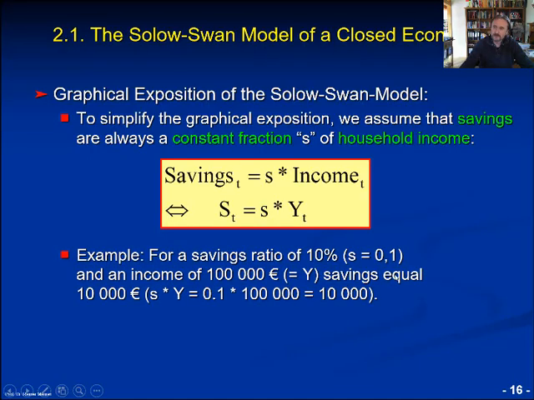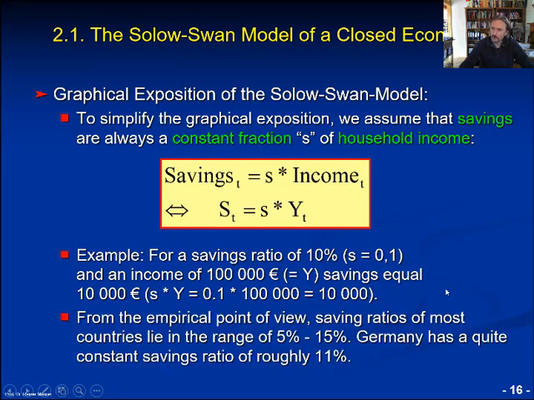To make a numerical example, if the savings ratio is 10%, s would be 0.1. If income would be equal to 100,000 euro, then savings ratio times income yields a value of 10,000 euro.